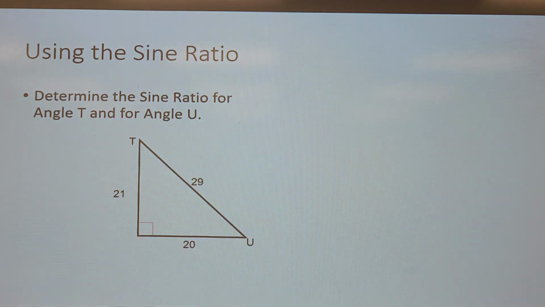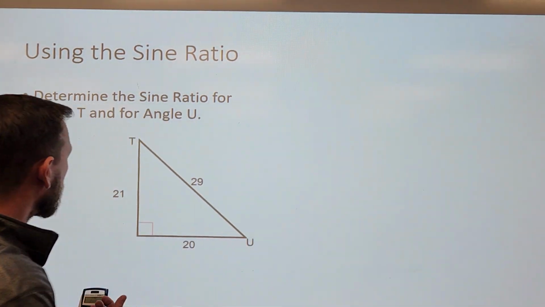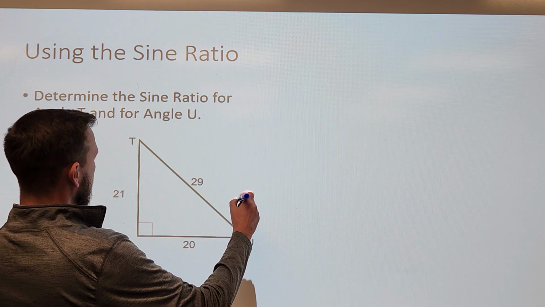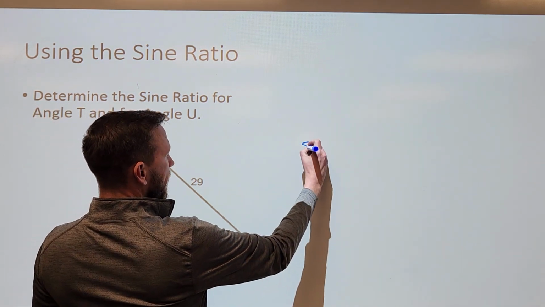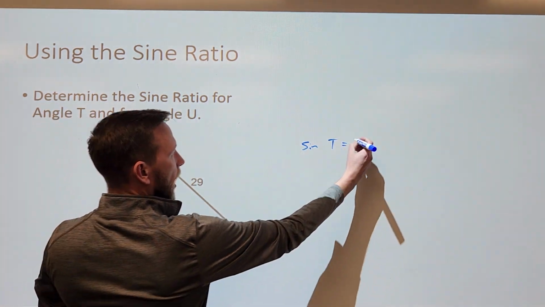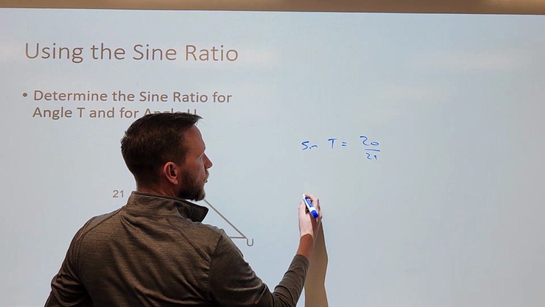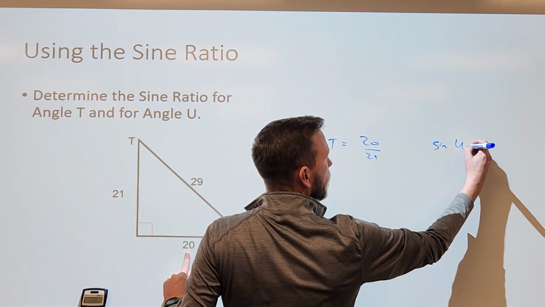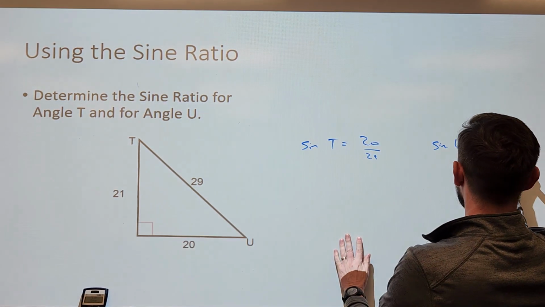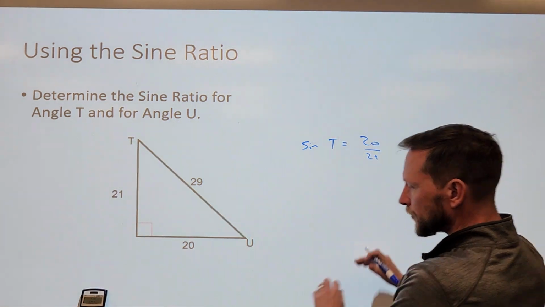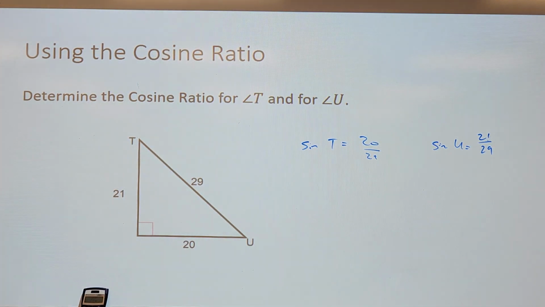And so going back to the work that we did last time, we wrote the sine, cosine, and tangent ratios for angle t, and we found that the sine of angle t was equal to opposite over hypotenuse. We learned that the sine for angle u was found by taking, again, opposite, which is 21, over 29. We did the same thing for cosine.